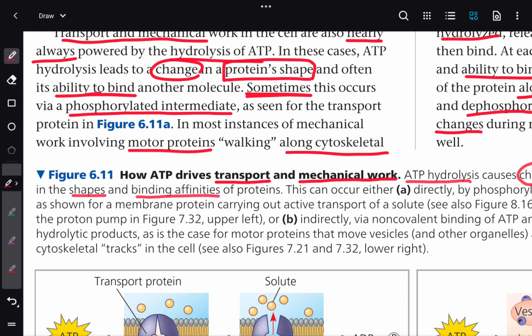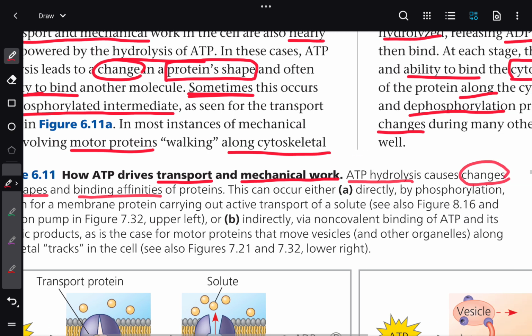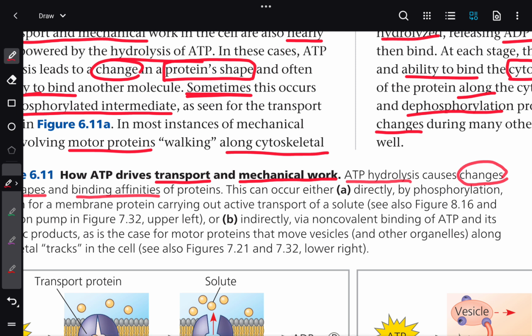Binding affinities. So if they have an affinity to bind with one thing, after the changes to the shapes, they will be more prone to connect to something that they're not usually connected to.